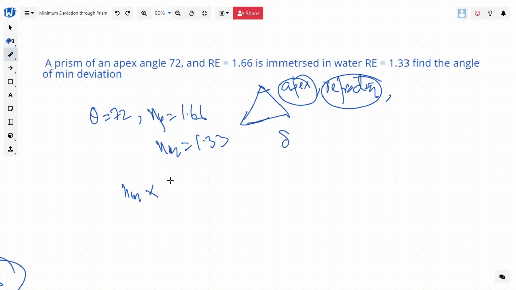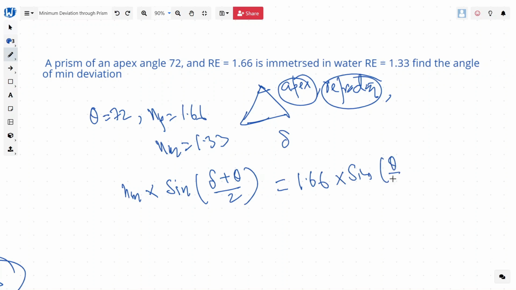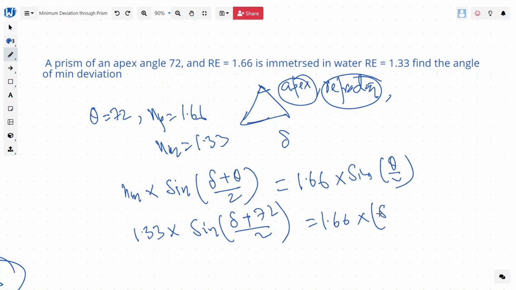n of medium into sine of delta plus theta by 2 is going to be n of the prism, right, into sine of theta by 2. Plug it in, all of them. 1.33 sine of delta, which we have to find, plus theta, which is given to be 72, by 2, equals 1.66 into sine of 72 by 2, and we can do a very simple trigonometry and we'll arrive at our answer.